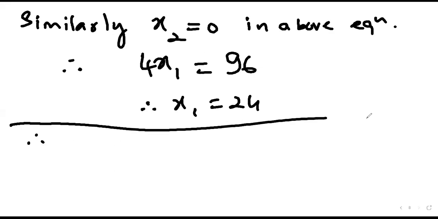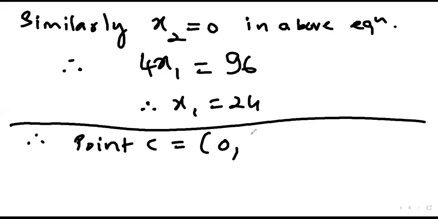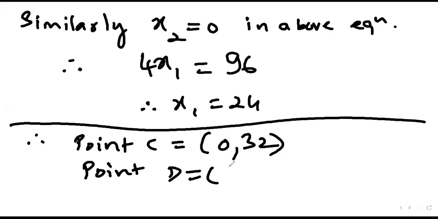Therefore, what is point C? 0, comma 32. Okay, so these are the different points. Everyone getting the same answer? Shall I go ahead? Yes, sir.